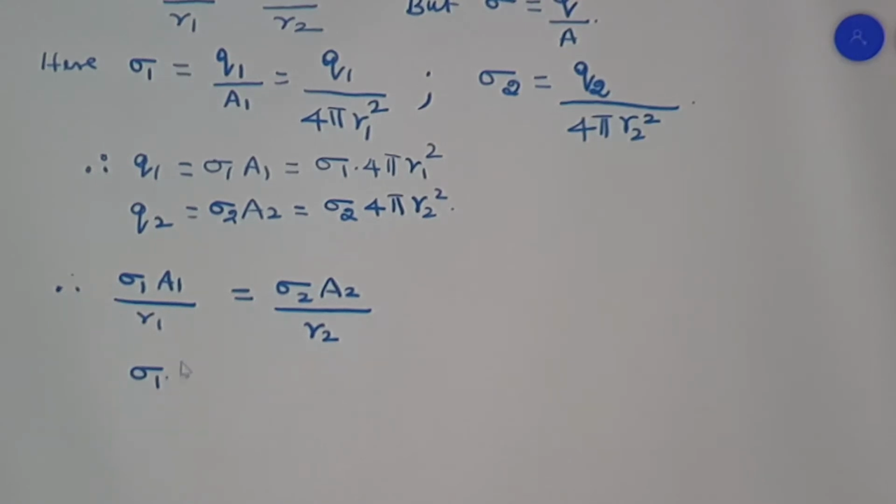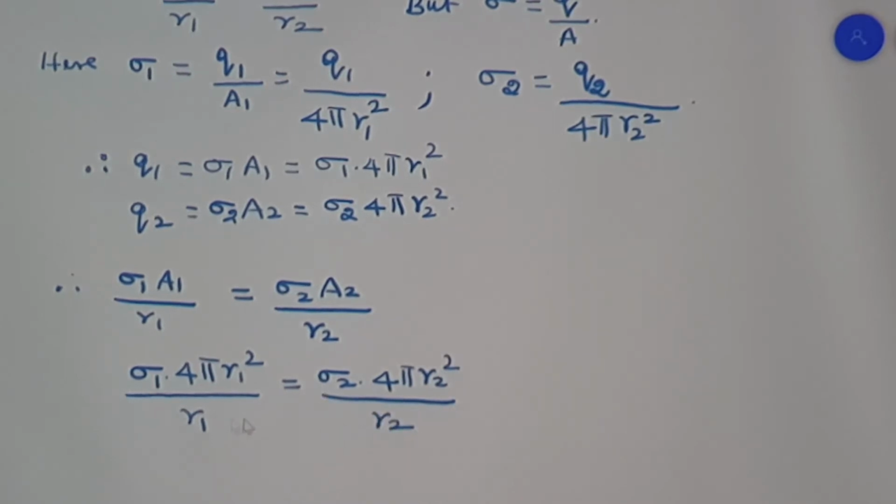So sigma 1 into, what is A1? It is the area of the first sphere, 4 pi R1 square divided by R1, is equal to sigma 2 into 4 pi R2 square divided by R2.